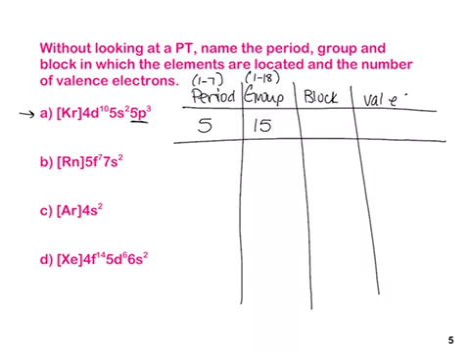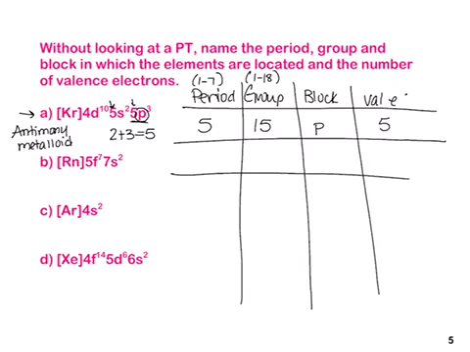Our block refers to the sublevel, so that would be P. And then the number of valence electrons, we look at our highest principal energy level, and we have 5 twice. So we add the number of electrons together to get 5 valence electrons. This element happens to be antimony, which falls into the metalloid category on the periodic table.